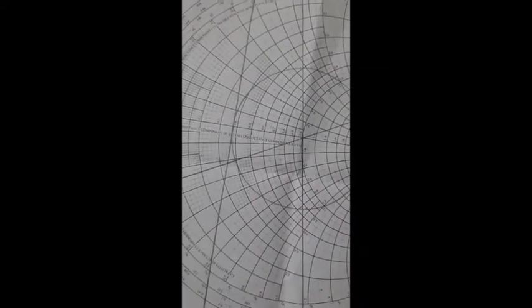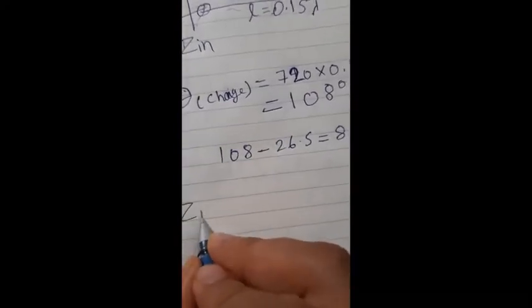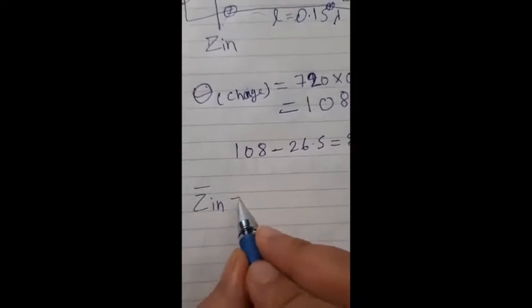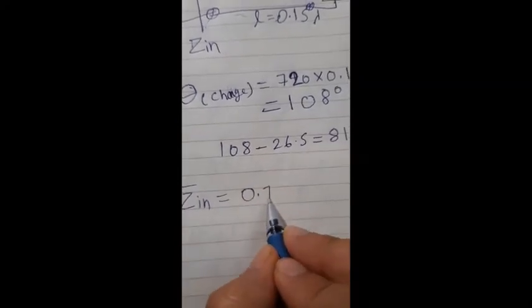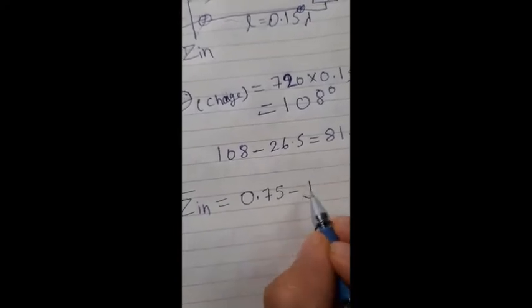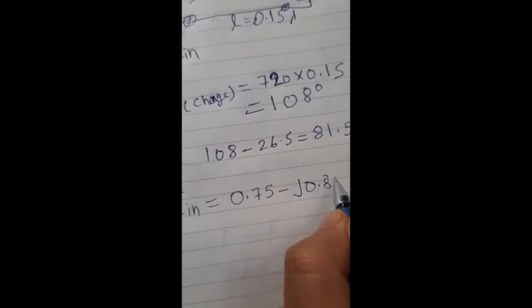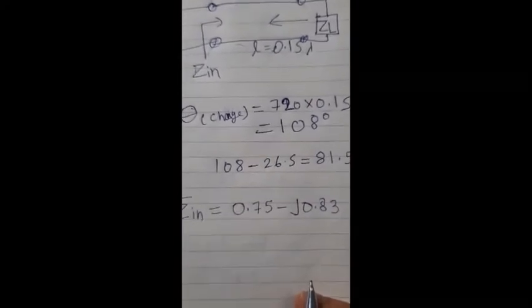So I mark it: Zin bar is equal to 0.75 minus j0.83. And why do I put the minus? Because we are below the horizontal line.